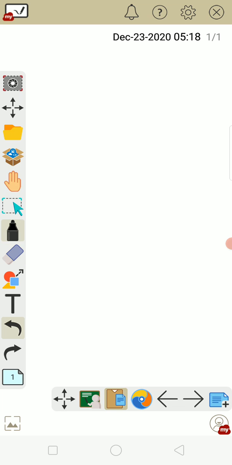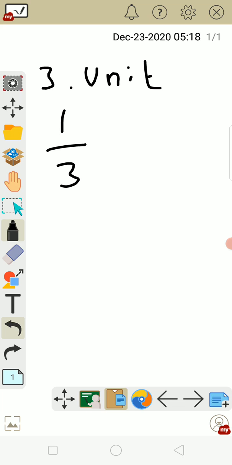The third type is unit fraction. Unit fraction means what? It's very easy. Fractions with the numerator as 1 are called unit fractions. Whichever fraction has the numerator 1, we call it a unit fraction.